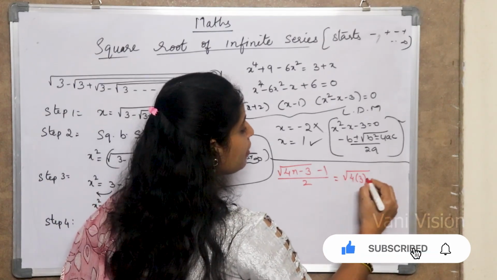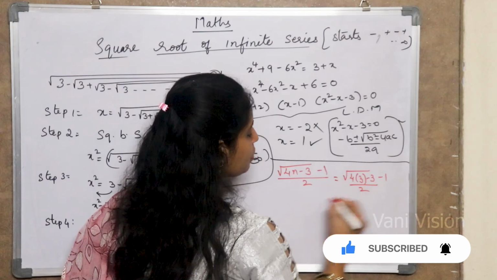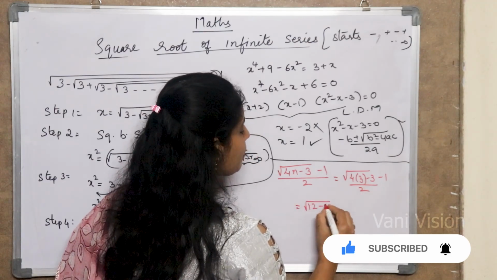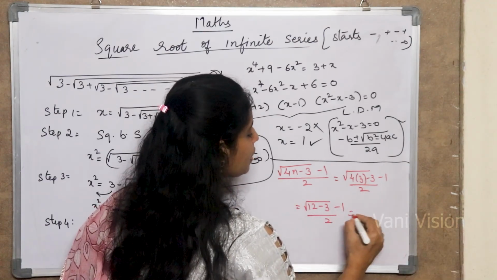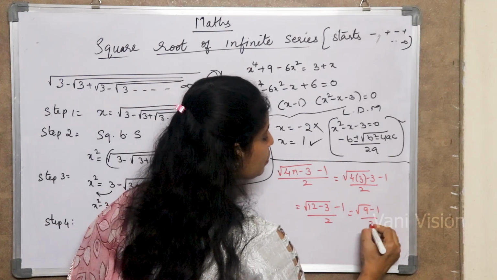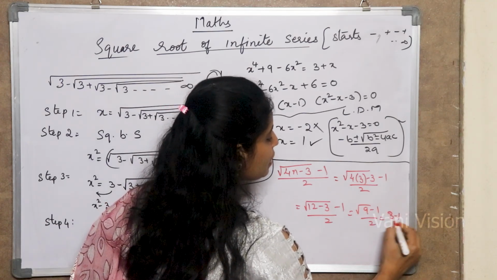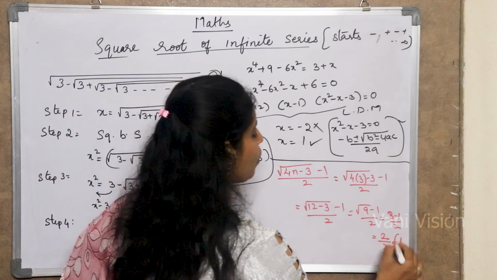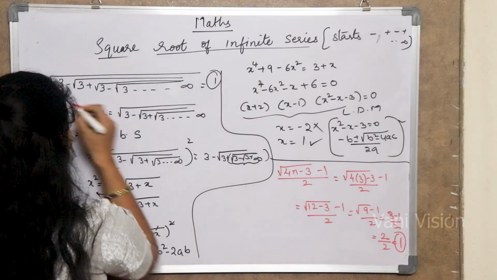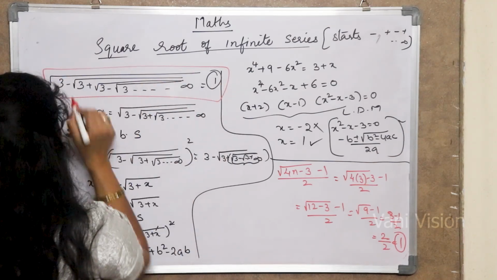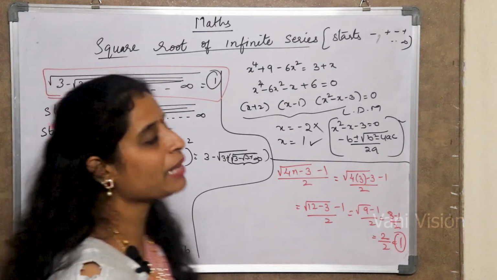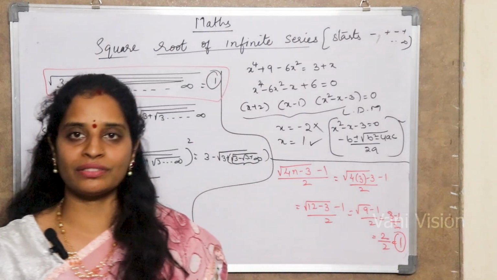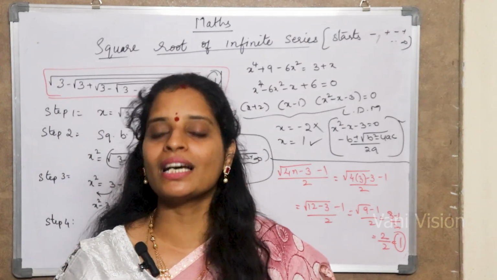It is root over 12 minus 3, minus 1, by 2. It is root over 9 minus 1, by 2. It is 3 minus 1 by 2. That is 2 by 2 is equal to 1. So what is our answer? 1. So the solution for root over 3 minus root over 3 plus root over 3, so on to infinity is 1.